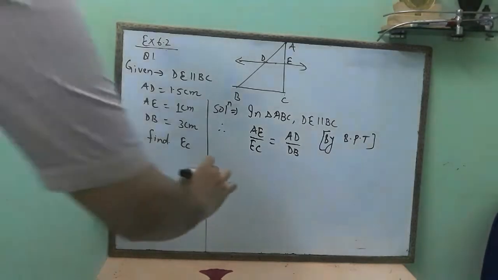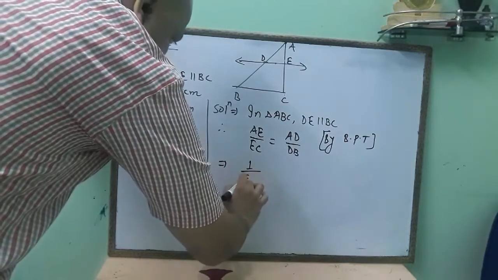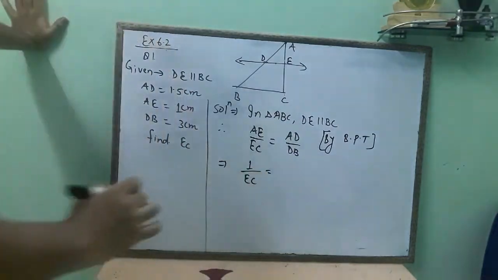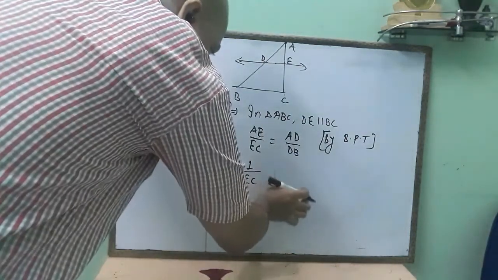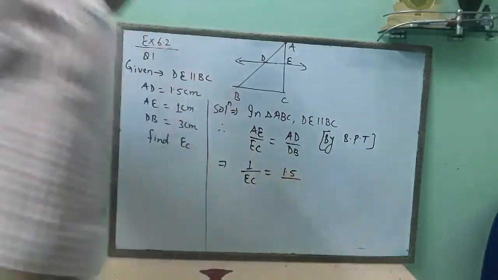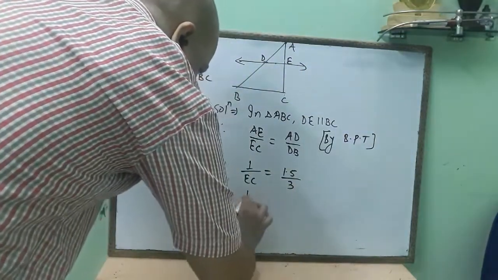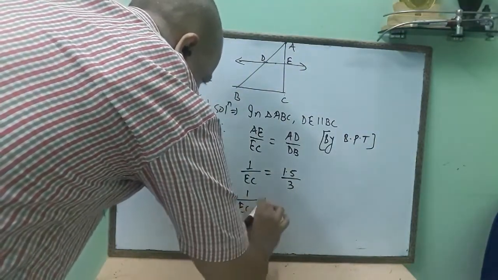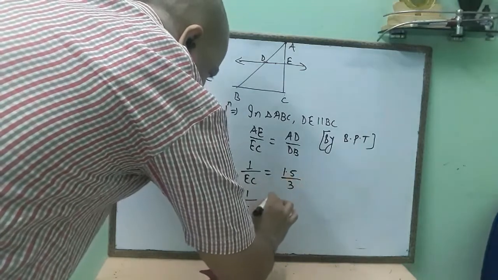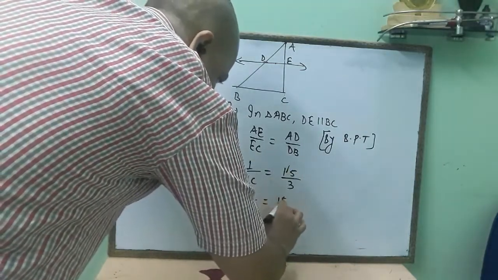First AE is 1 centimeter. We will write 1 divided by EC is equal to, what is the value of AD? It is 1.5 centimeter. We will write 1.5. What is the value of DB? It is 3 centimeter. Now 1 divided by EC is equal to, after removing the point, we will write 15 by 30.